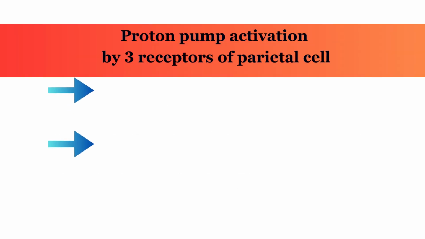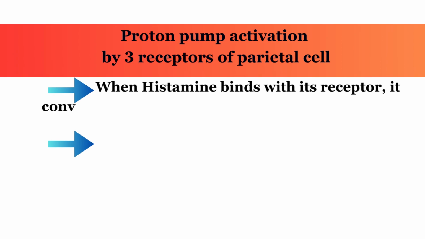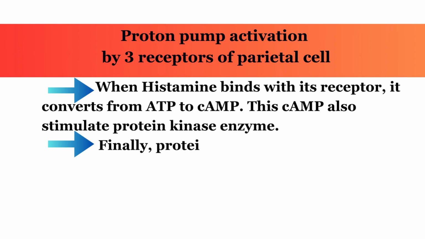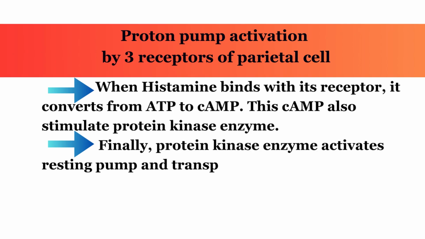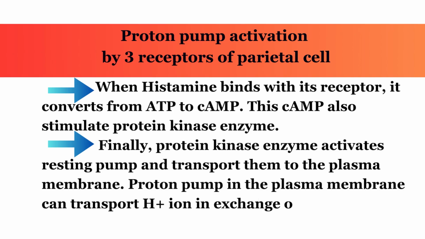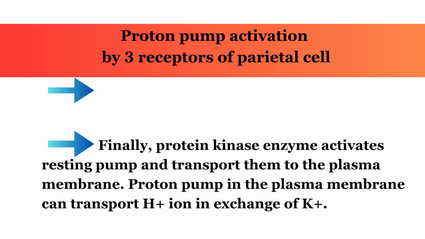When histamine binds with its receptor, it converts ATP to cAMP. This cAMP also stimulates protein kinase enzyme. Finally, protein kinase enzyme activates the resting pump and transports it to the plasma membrane. The proton pump in the plasma membrane can transport hydrogen ion in exchange for potassium ion.